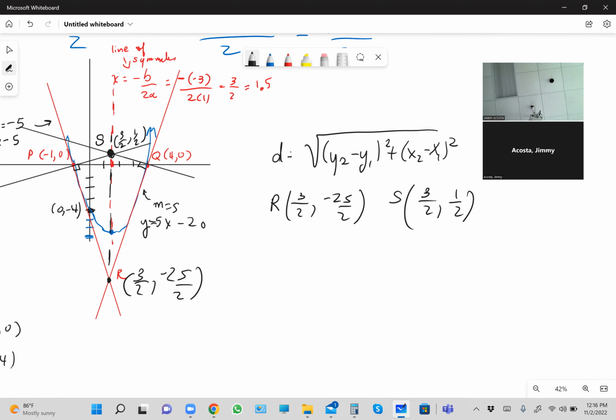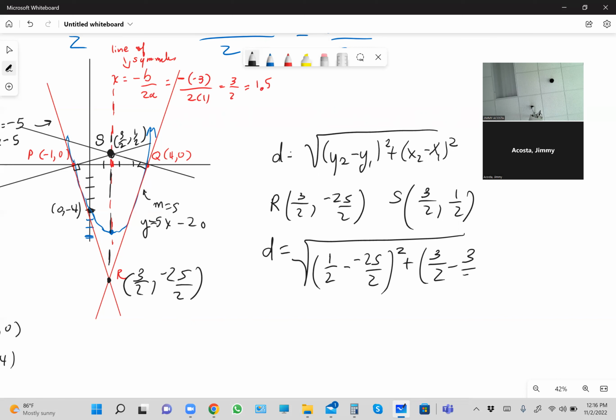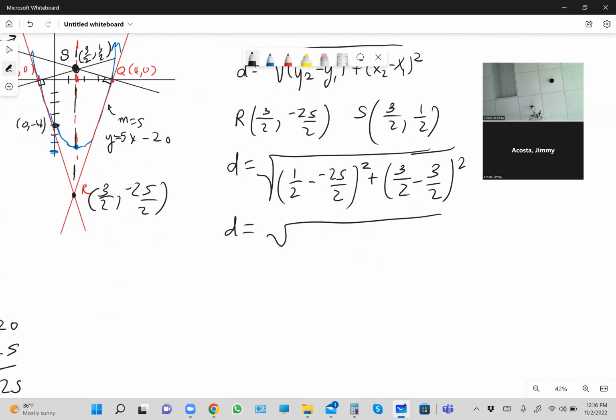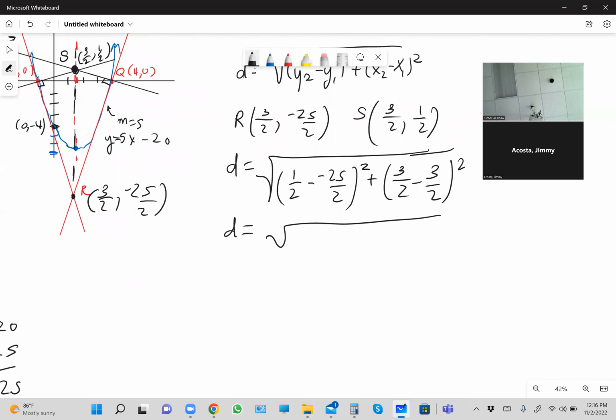And so now you have the distance equals the square root of 1/2 minus -25/2 squared plus 3/2 minus 3/2. So then the second part becomes, you could see it's half, it's plus, so it's 26/2 squared here, plus 0 squared.